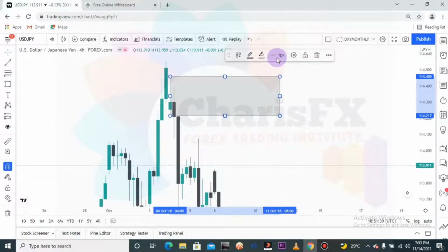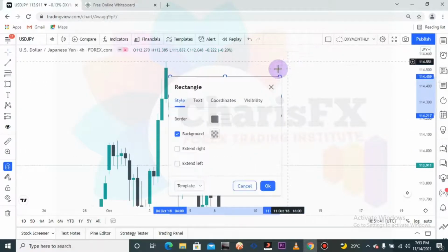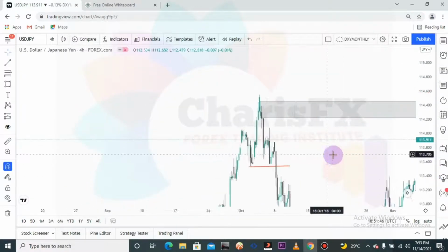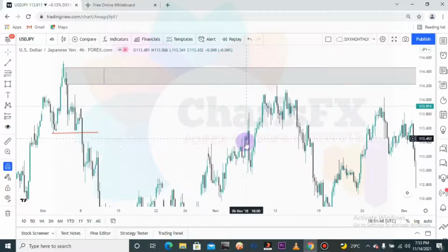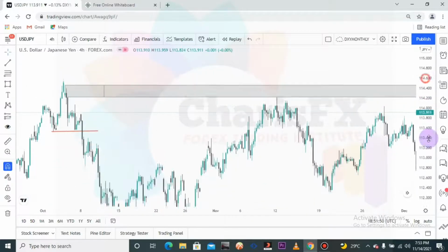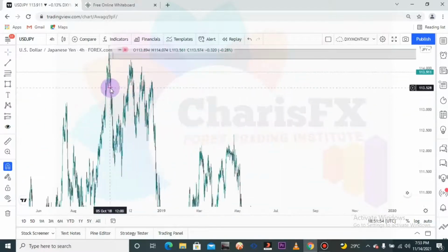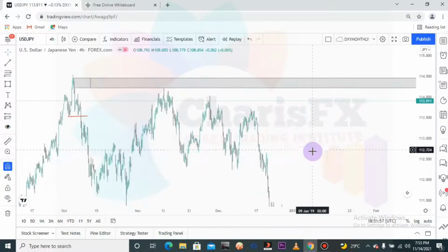Then I'm going to extend it to the right so we see clearly. That is a bearish order block, guys.